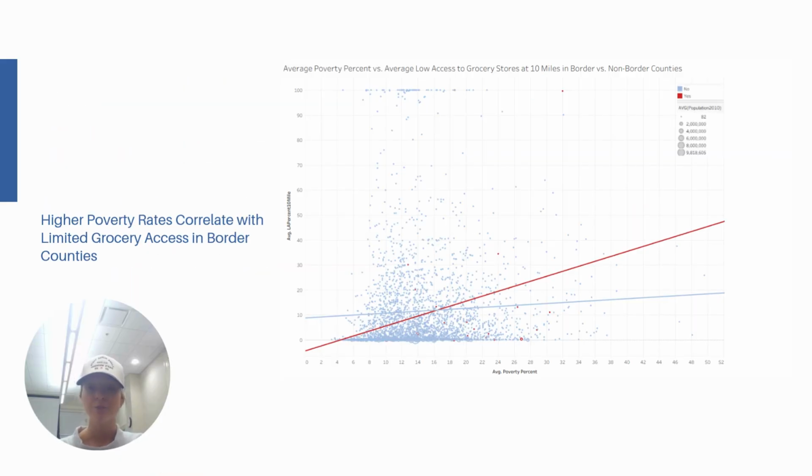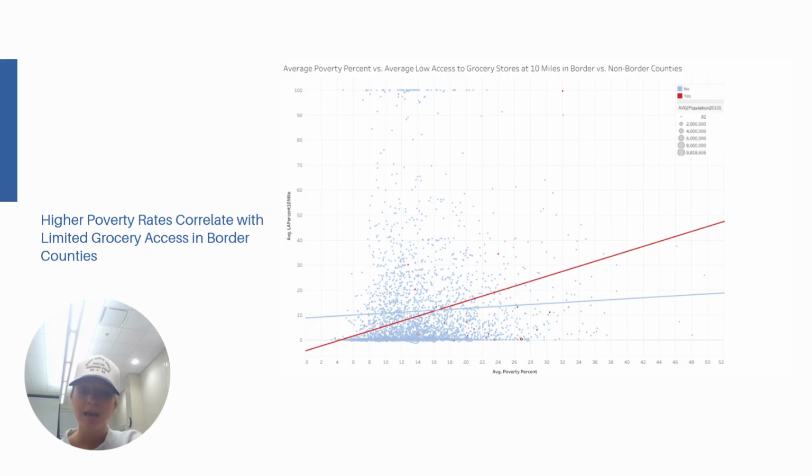This graph shows the relationship between the percentage of those living beneath the poverty line in a county and the percentage of those with low access to grocery stores at a 10-mile radius. In the blue, we see our non-border county data, where there is a slightly positive correlation between a high percentage of people in poverty and a high percentage with low access to grocery stores.